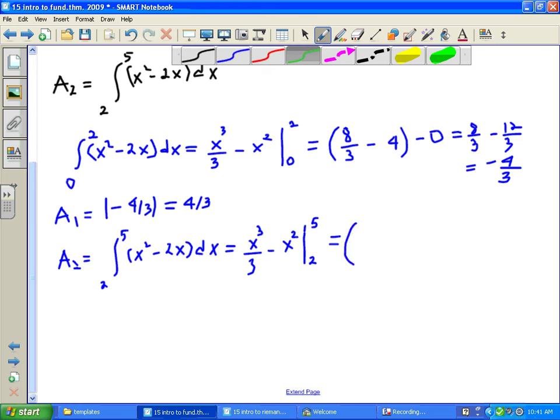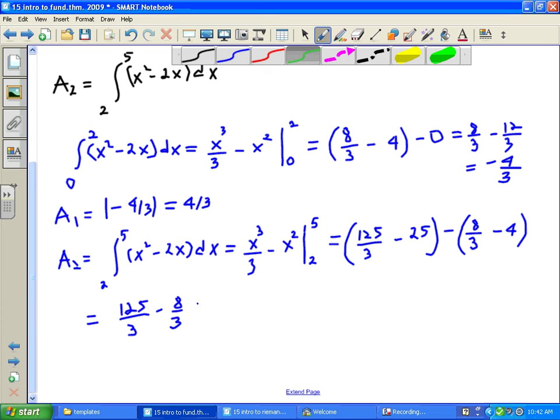Okay, so now let's plug in the upper limit, 5. And then minus the lower limit of 2. And once again, I'm going to combine the fractions first. So that's 1/25 minus 8/3.